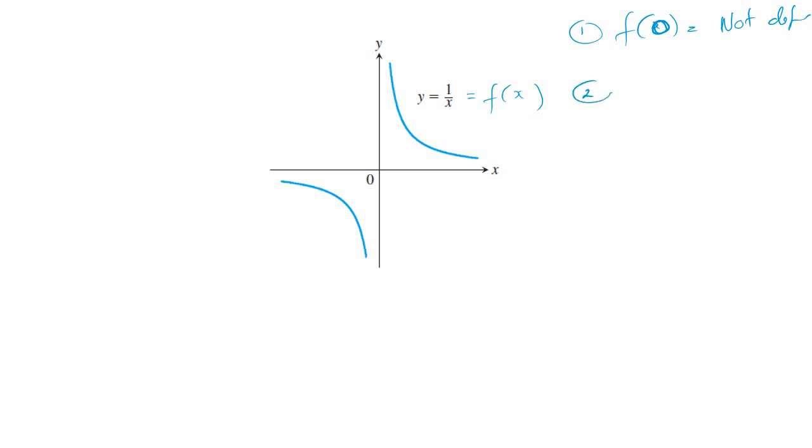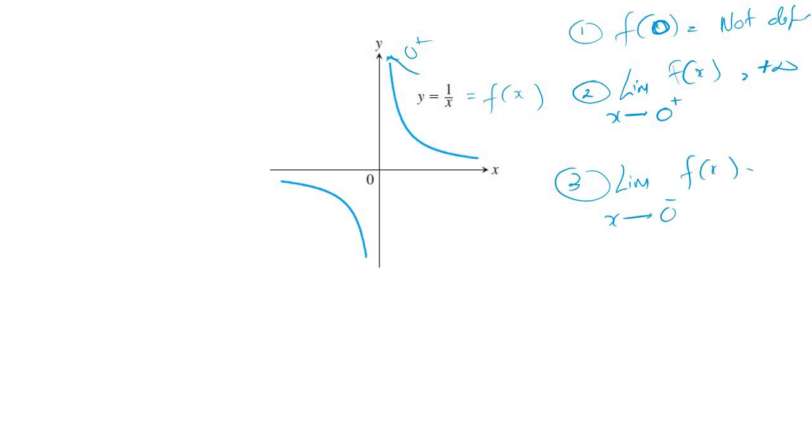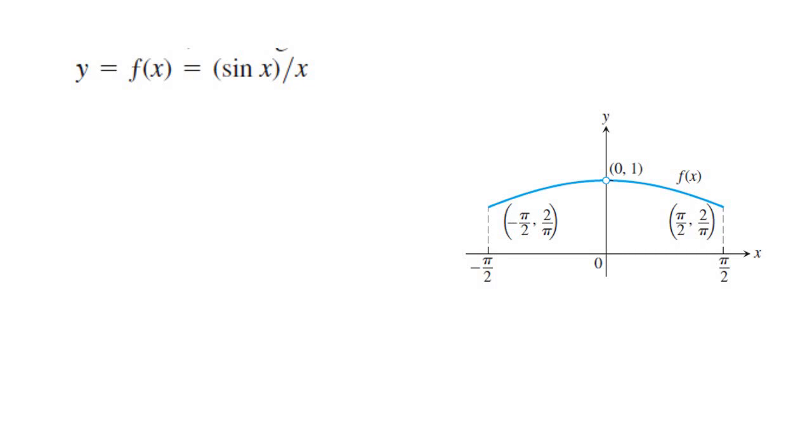But let's look at the second, the limit as x tends to 0 from the positive direction, f(x) goes to positive infinity, whilst for the third, the limit as x tends to 0 from the negative side, f(x) goes to negative infinity. Let's look at one more question.